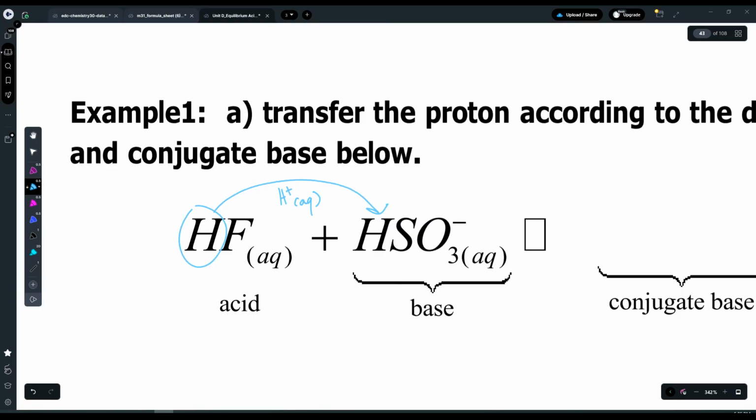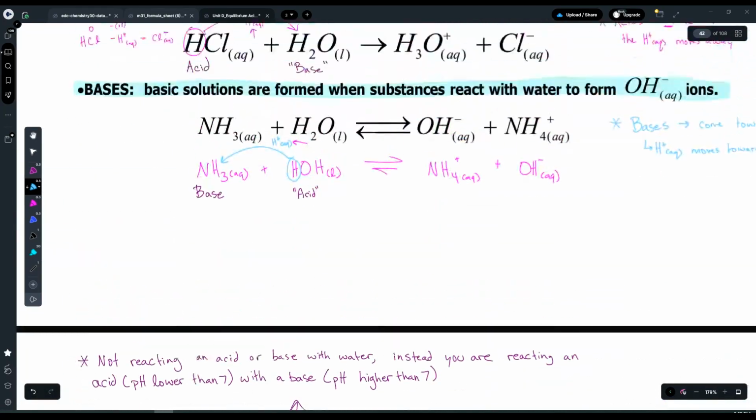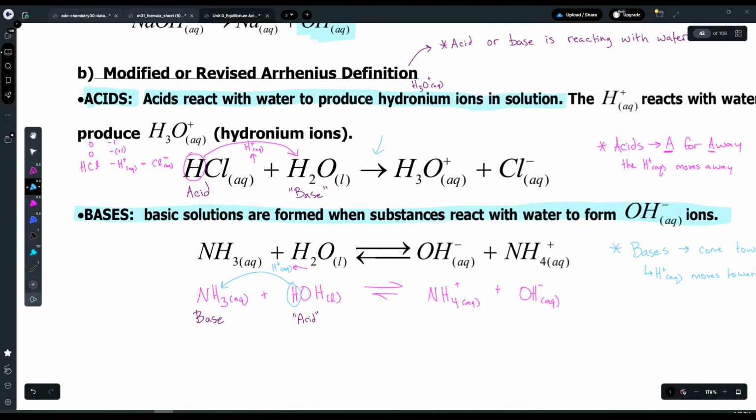Okay, now for the reaction arrow for this, you may have noticed that earlier we used two different reaction arrows. One was a forward reaction arrow, the other one was an equilibrium arrow. Now, the difference between which one you use depends on if you have either a strong acid or base as one of your reactants.